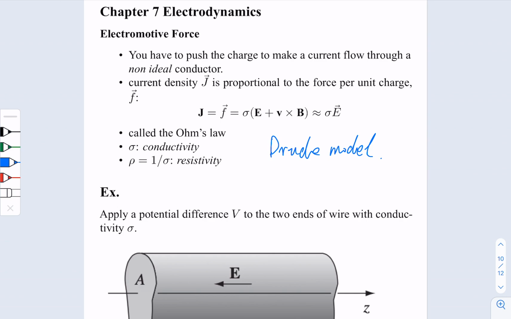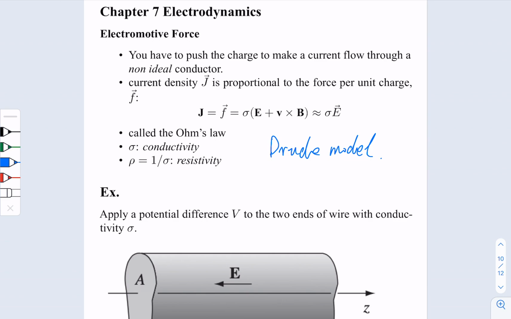And likewise, for the current in a non-ideal conductor, there are collisions between the free accelerating electrons and static ions in the conductor.